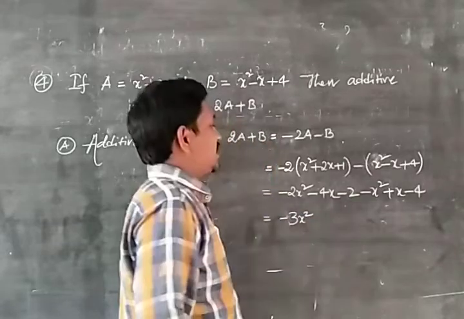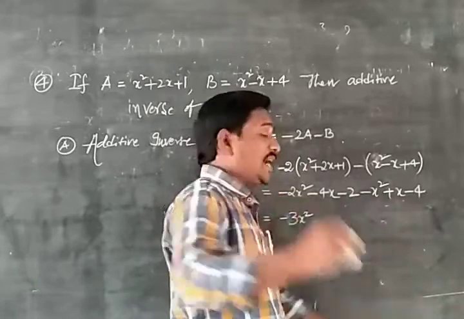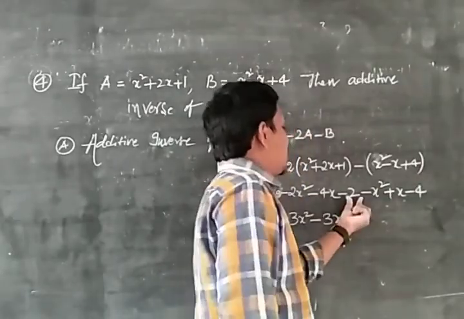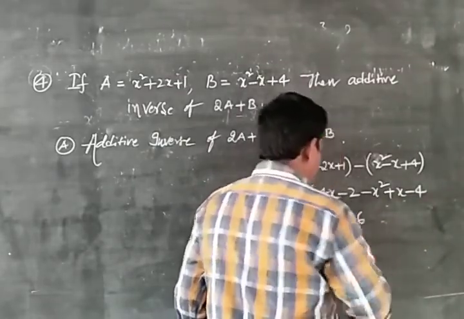Minus 4x plus x is minus 3x. Minus 2 minus 4 is minus 6.